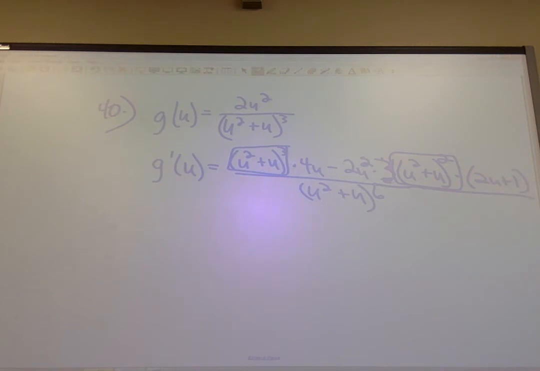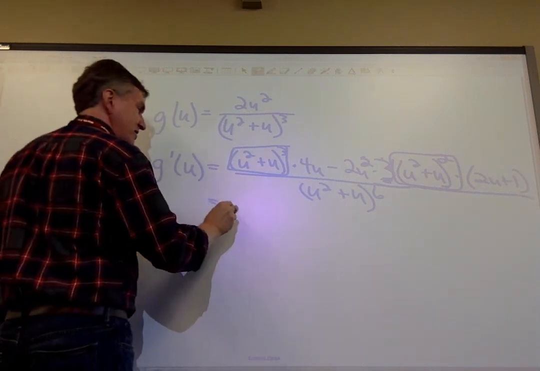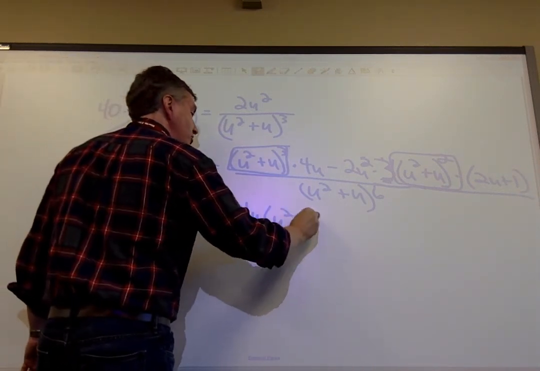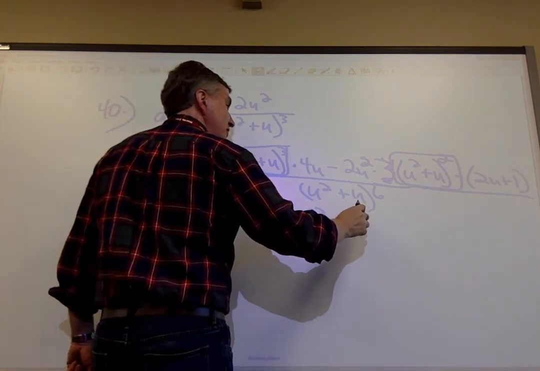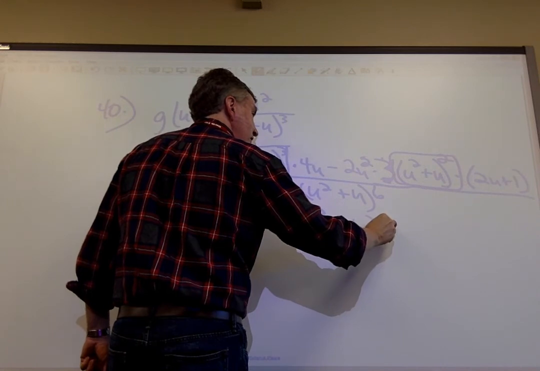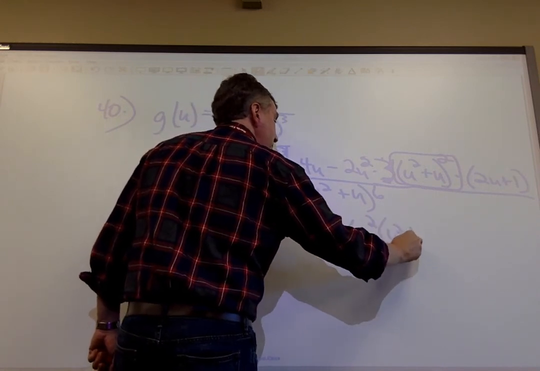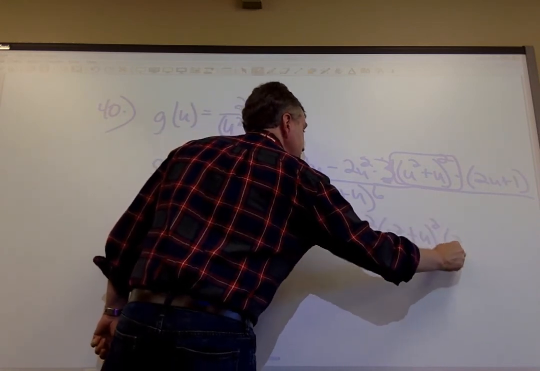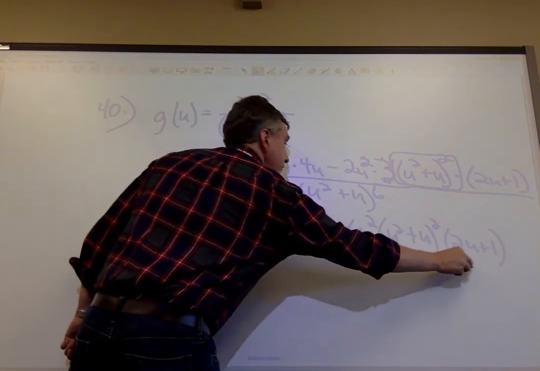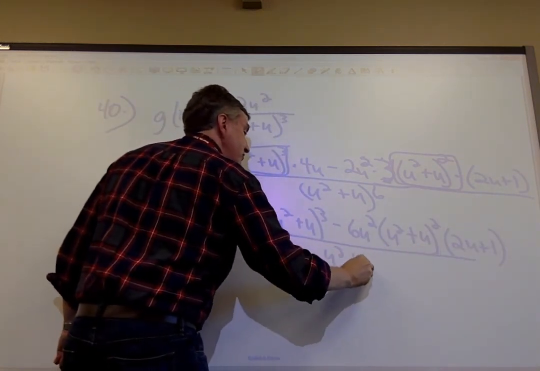But we could do that, but I mean, what do you think then? I mean, look at this. 4u squared plus u cubed minus, now I would say 6u squared plus u squared times 2u plus 1 over u squared plus u to the 6th.